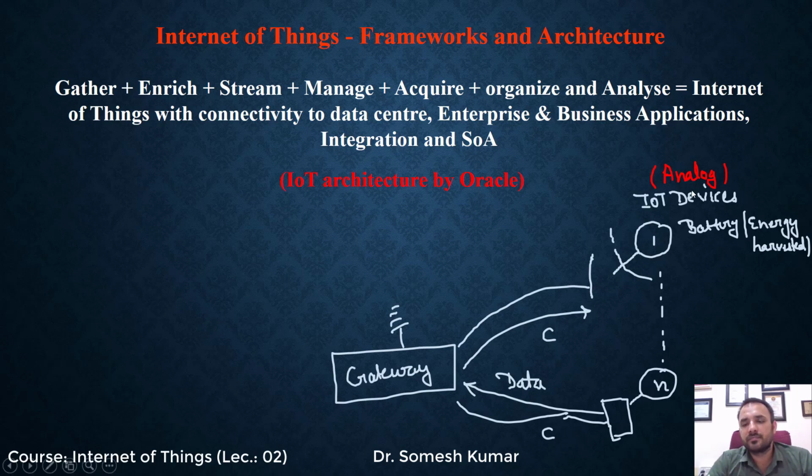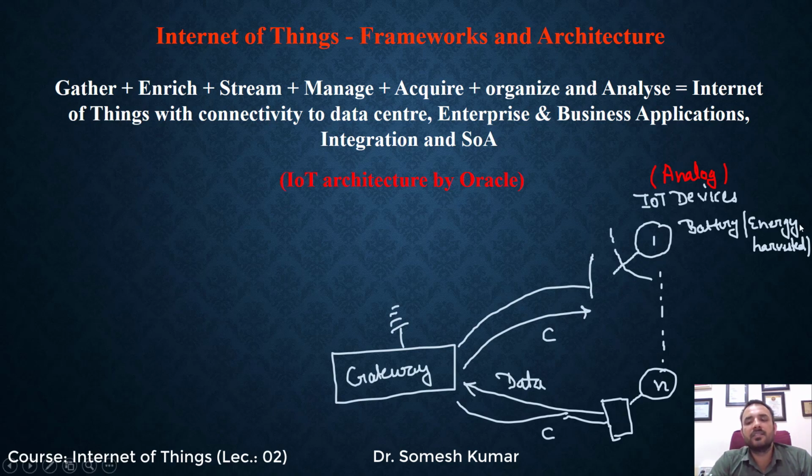So here there are n IoT devices, 1 to n. Basically, these IoT devices are ultra low power devices. They consume very little power and they collect information from the environment, and this information is mainly analog in nature.